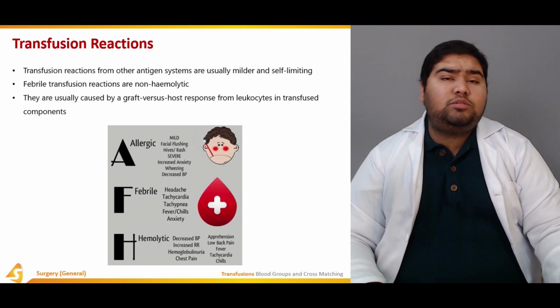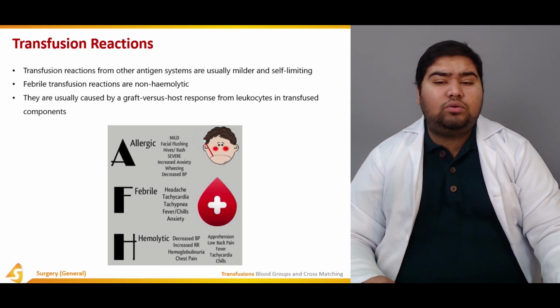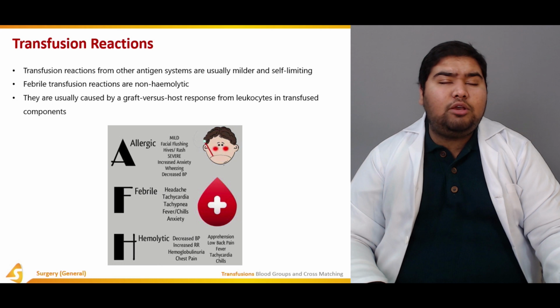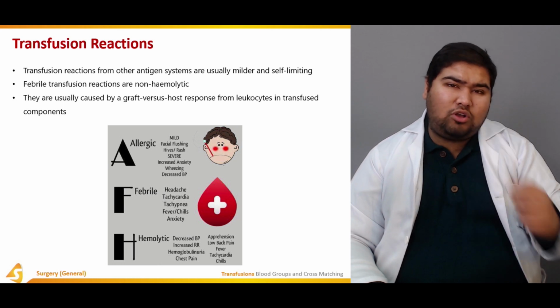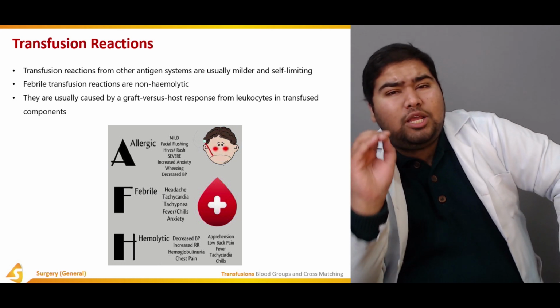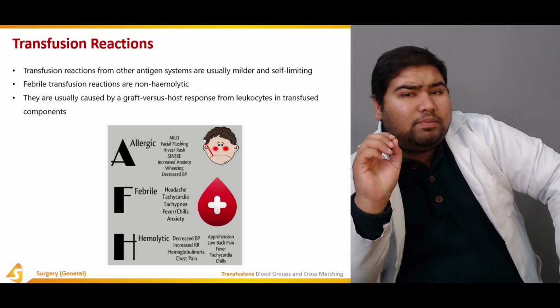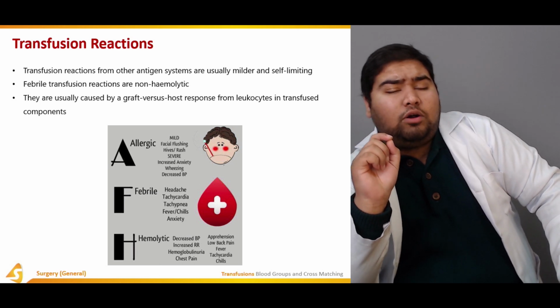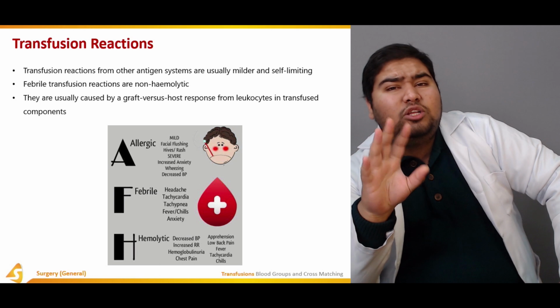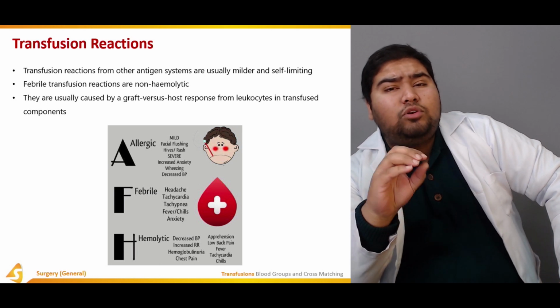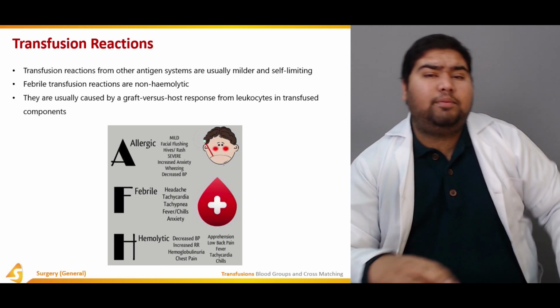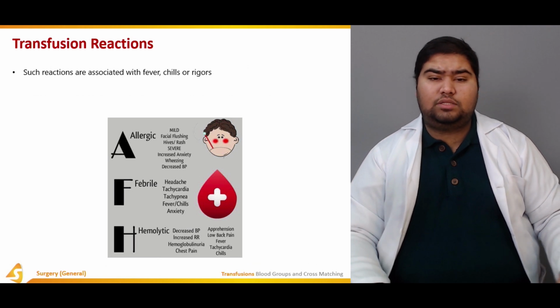They're usually caused by a graft versus host response from leukocytes in the transfused components. So the leukocytes are responsible for the febrile type of transfusion reactions. A leukodepleted blood would not cause the febrile type of transfusion reactions.